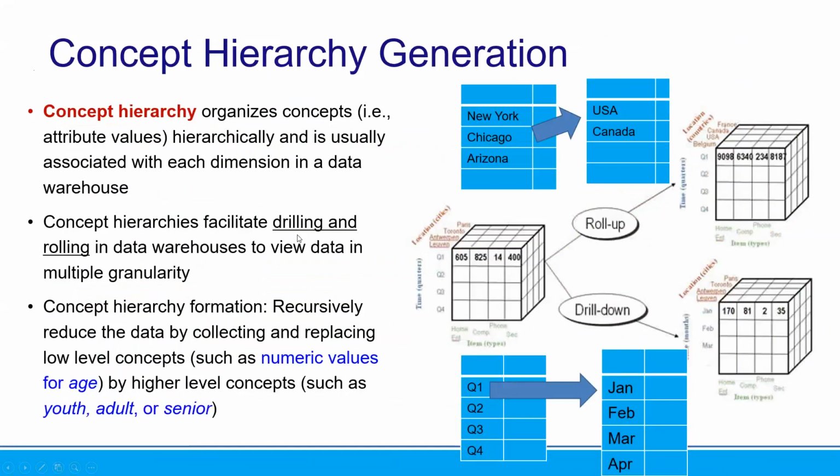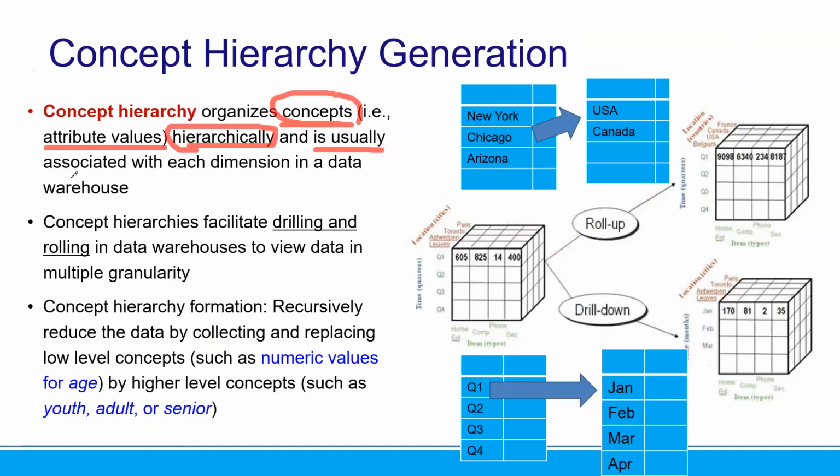Another concept about the discretization is the concept hierarchy generation. The concept hierarchy generation is to organize the concepts. What is the concept? It is the attribute values. And we want to perform it hierarchically.